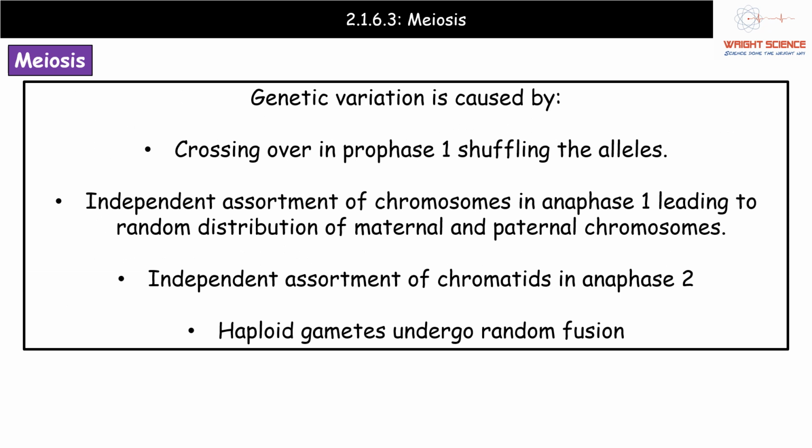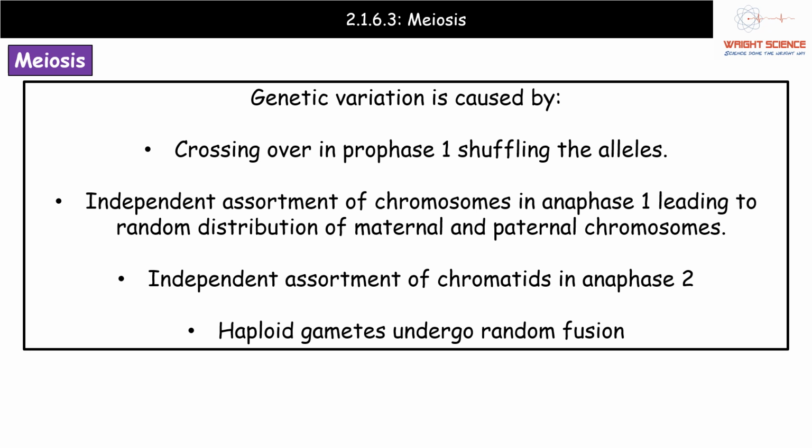As we said at the beginning of this video, one of the key things about meiosis is it causes genetic variation. And we've obviously mentioned a few ways in which that happens throughout those individual bits of the process. But let's just recap on them here so that we are clear in how this genetic variation occurs through the process of meiosis. First one, crossing over occurring in prophase 1, and that's going to lead to shuffling of those alleles.